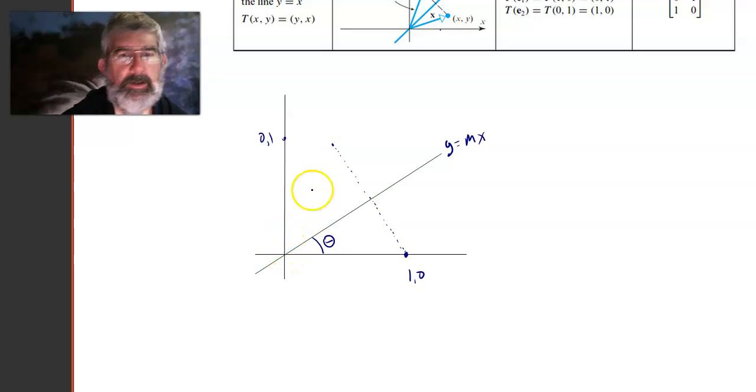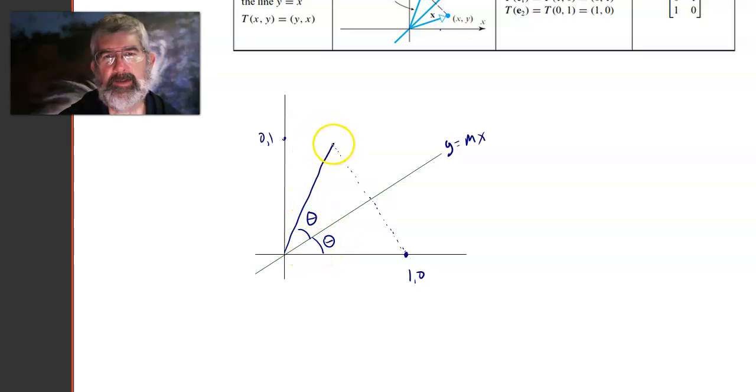And in particular, when I connect this to the origin, this angle right here should be the mirror image of that one, so that should also be theta. So what I see here is that this point right here is at an angle of 2 theta, and because this had length 1 getting out to here, this also has length 1.